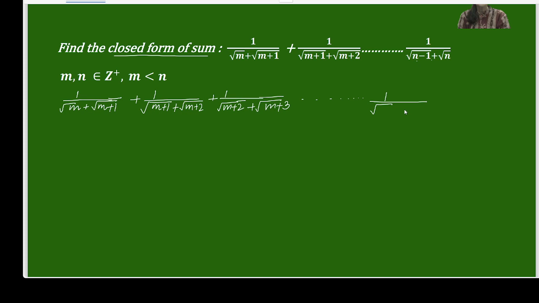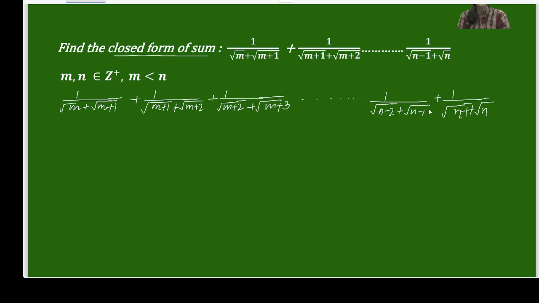It will certainly end in n minus 1 or start from n minus 2. And the last will be square root of n minus 1 plus square root of n.